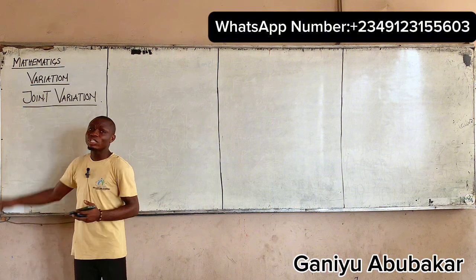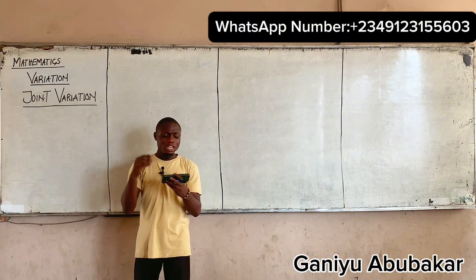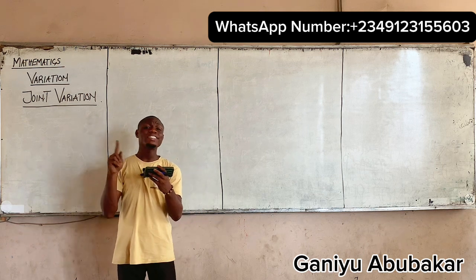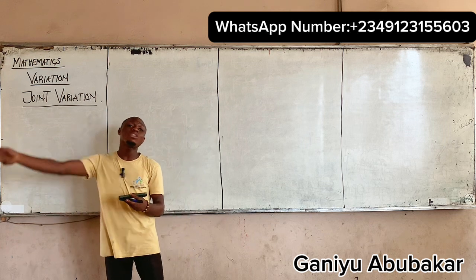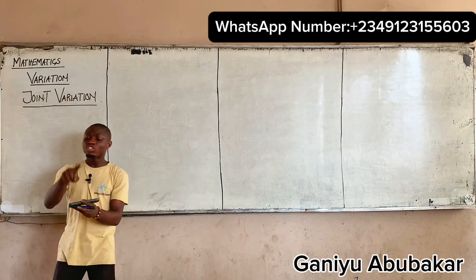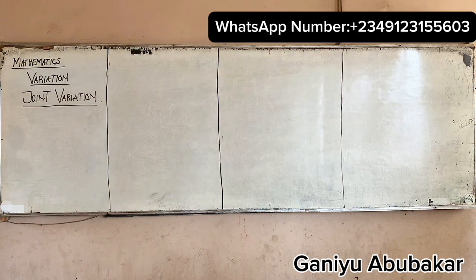So for joint variation, it can be more than one quantity. So in joint variation, one quantity changes in direct proportion to the product of two or more quantities, like ABC or AB or XY.